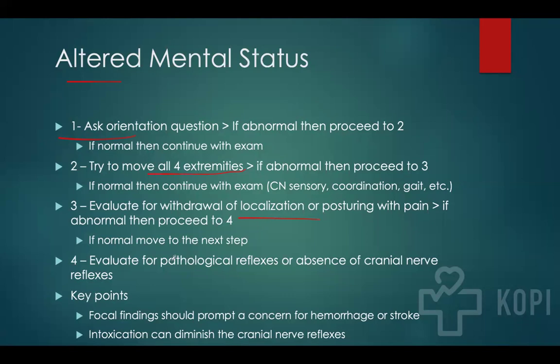And if they're not necessarily doing that, then I'm doing things like corneal, gag, cough, things of that sort, because this patient is in trouble if they don't have any localization, they don't have any posturing. Given the appropriate clinical context, even an intoxicated patient should have cranial nerve reflexes. So if they don't, then you're concerned about something more insidious, more serious, and it's probably not just intoxication you're dealing with.